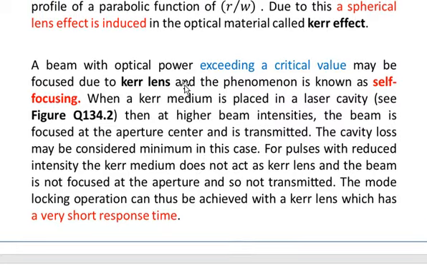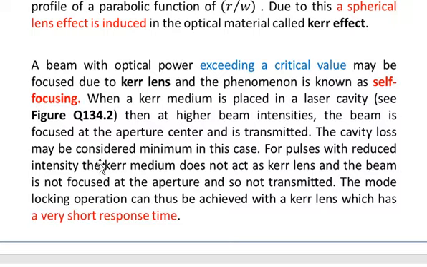So a beam with optical power exceeding a critical value may be focused due to the Kerr lens, and the phenomenon is known as self-focusing. When a Kerr medium is placed in a cavity, for example figure number 2, then at higher beam intensities, the beam is focused at the aperture center and is transmitted. The cavity loss may be considered minimum in this case.